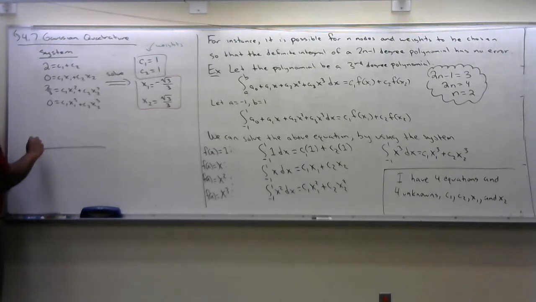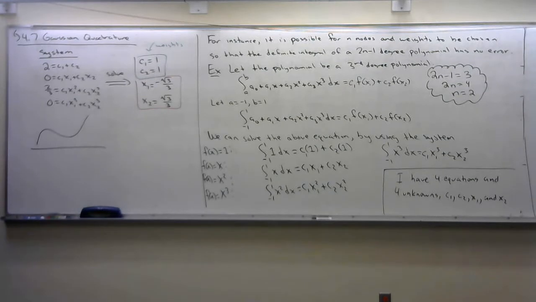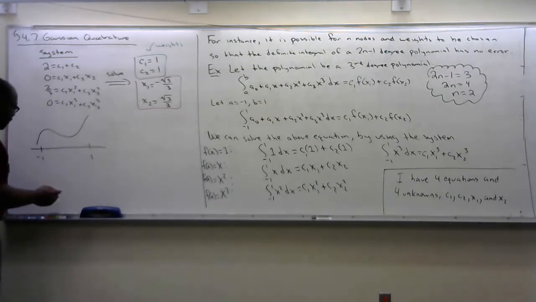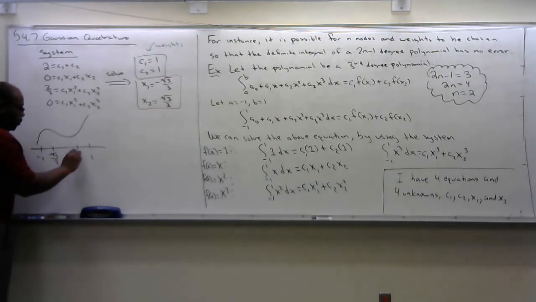If I have a cubic polynomial on an interval from -1 to 1, and I want to be able to find the area underneath this function, the only thing I have to do is evaluate my function at negative square root of 3 over 3 and at positive square root of 3 over 3 and add them up.